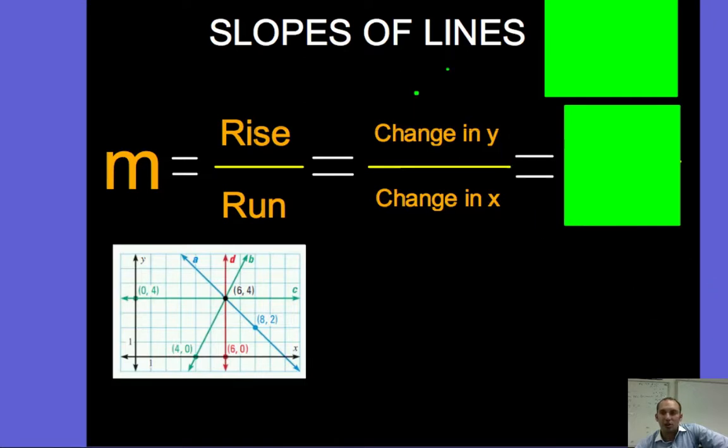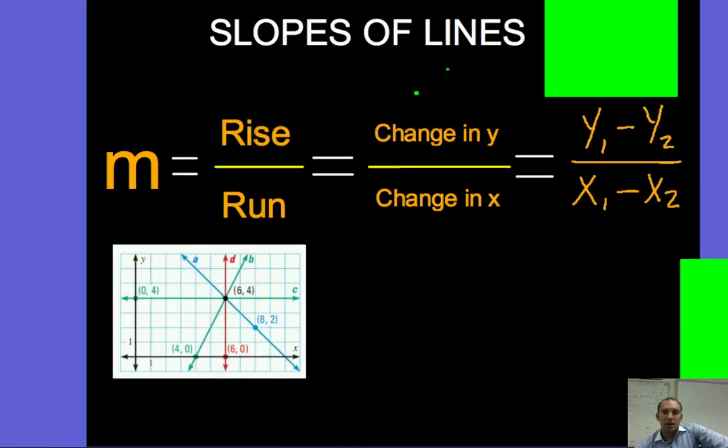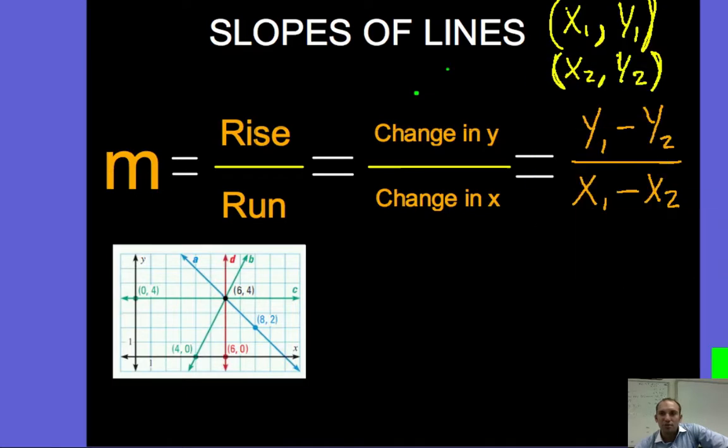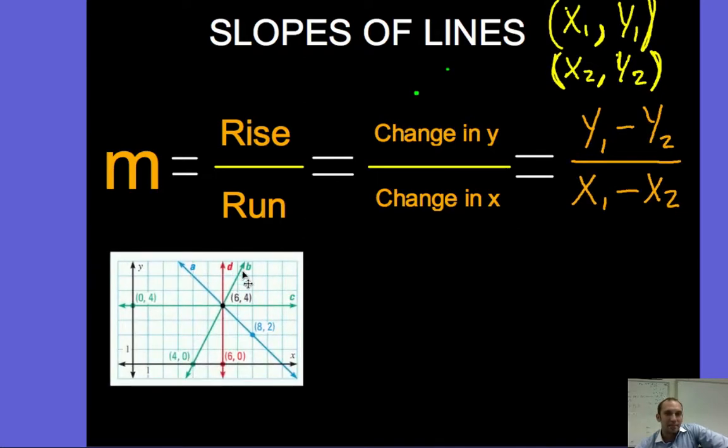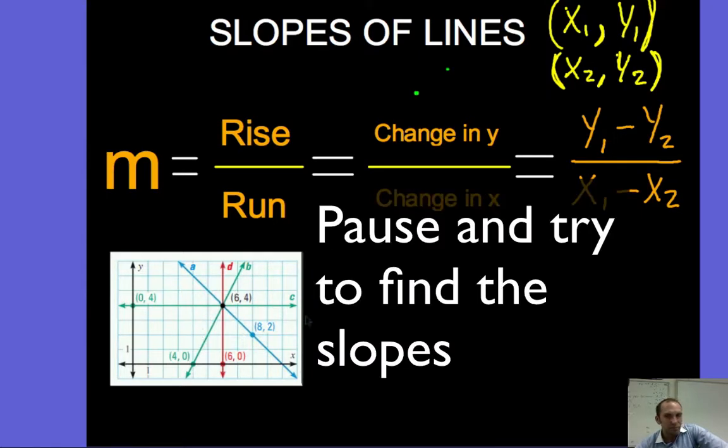And that also equals y1 minus y2 over x1 minus x2. And we're getting these y's and x's from 2 different points. So if we have 2 points, we can find the slope. Take a look at lines A, D, and B. Can you find the slope of each one? Go ahead.